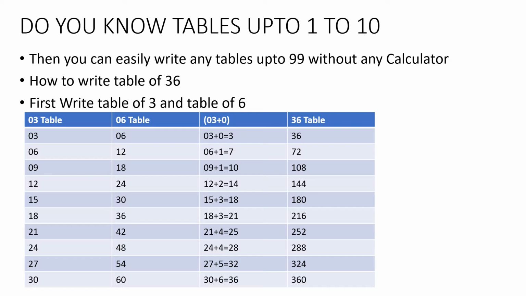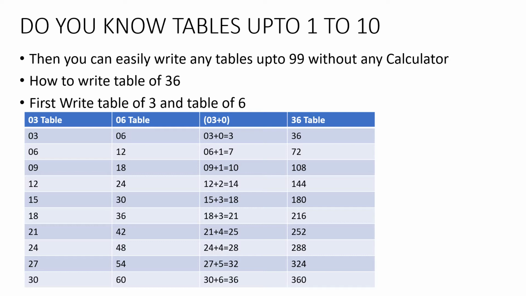Once you have noted the tables of 3 and 6, then as given in the third column, you have to add the digit of the first column and the first digit of the second column. I will repeat, the digit of the first column and the first digit of the second column you have to add.